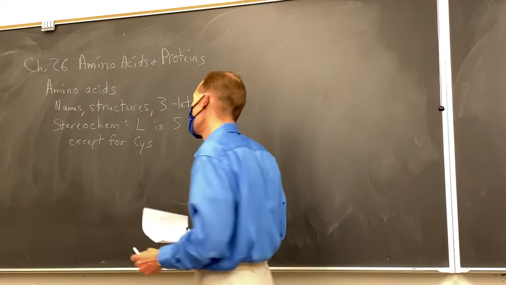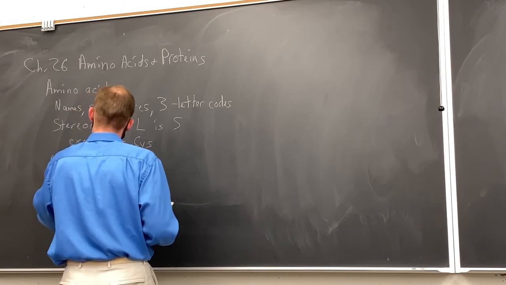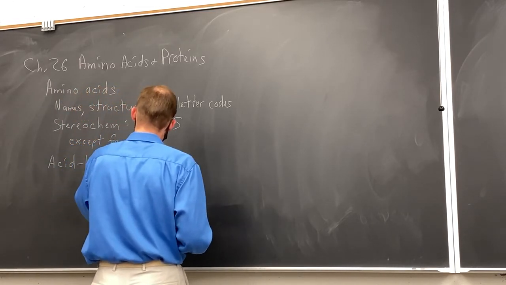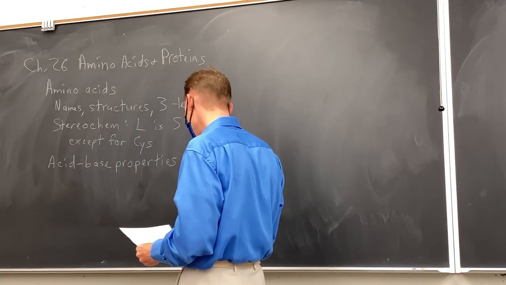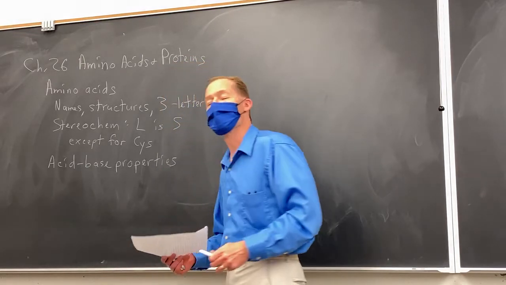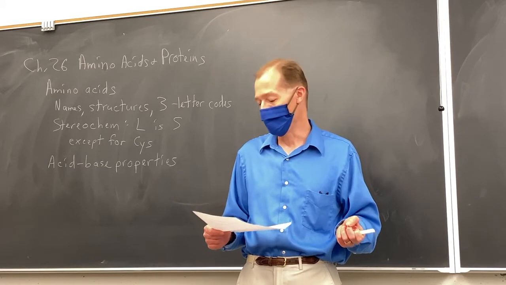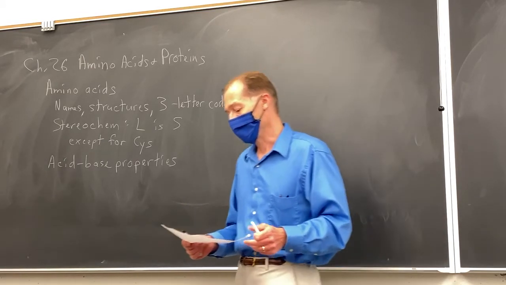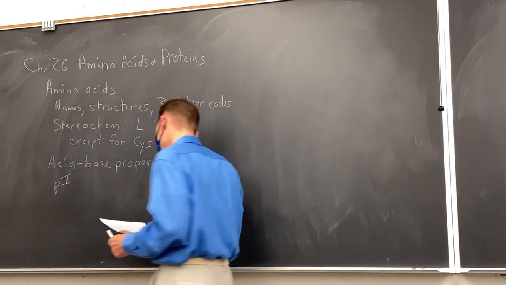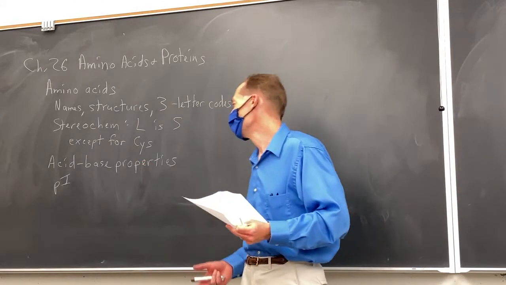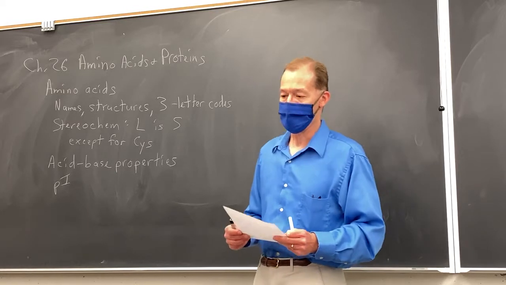So then we talked about the acid-base properties of amino acids. And in this section, a key skill is knowing which form of the amino acid is going to dominate at a given pH. And then there's also the isoelectric point, P sub I. You should know the definition of the isoelectric point and also know how to calculate the isoelectric point.